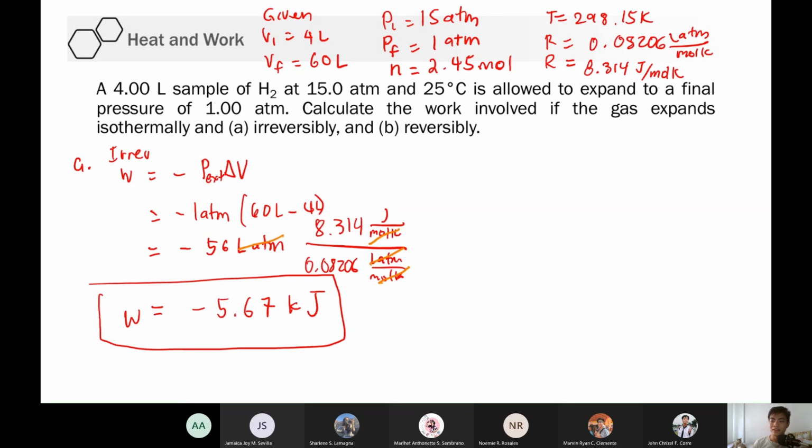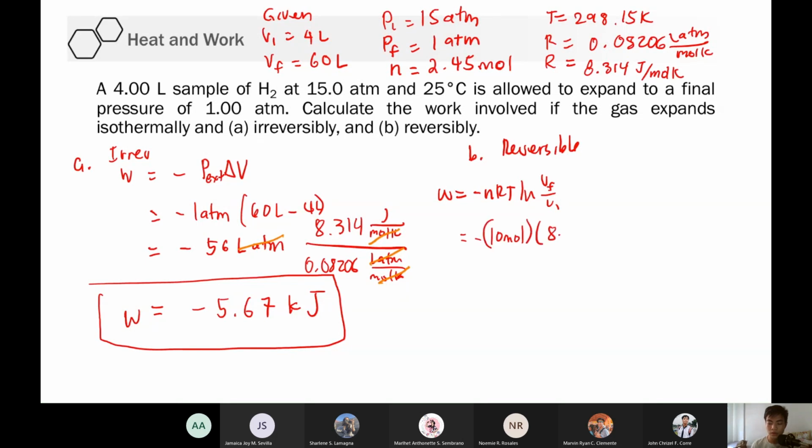Okay. Ayan, so how about letter B? Madali na lang to. Reversible. This is reversible, so W equals negative nRT ln Vf over Vi. So negative 10 mole, urong ko na lang sa gilid. Kulang space ko dito. That's negative 10 mole.